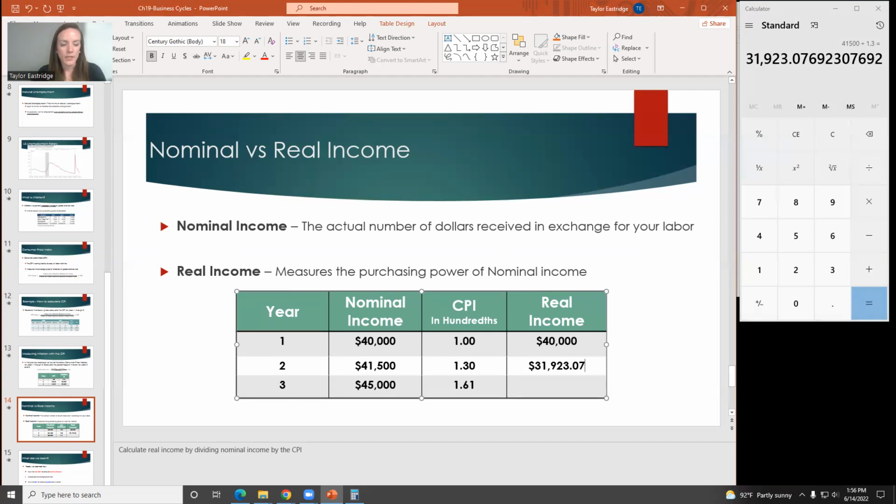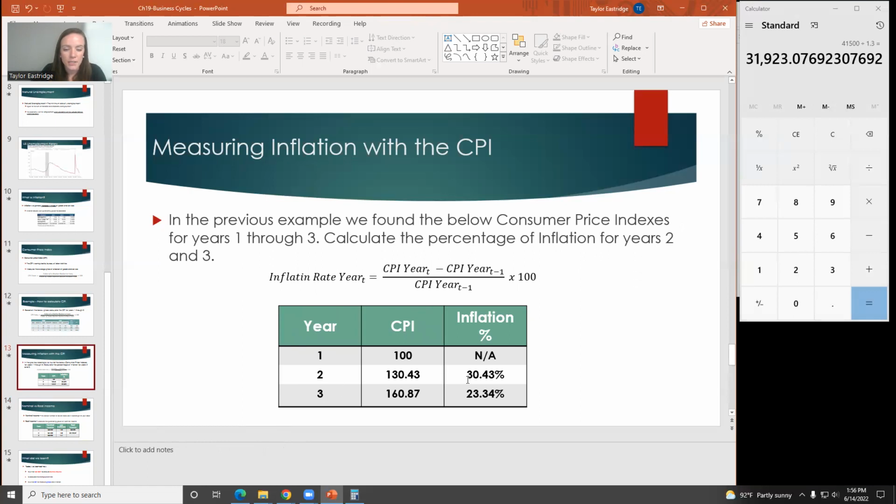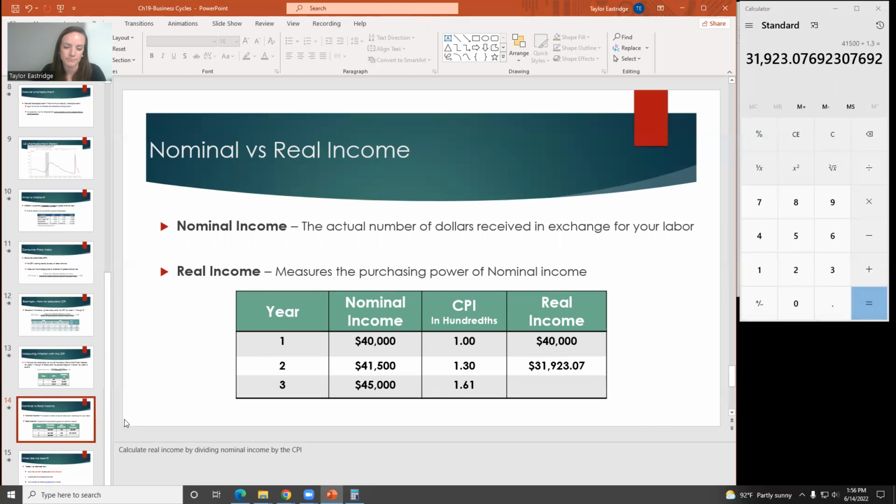Now, why is that? We saw that inflation, what was inflation on the last slide? Inflation in year 2 was 30.43%. I got a raise of $1,500. So 1,500 divided by 40,000, I got a 3.37% raise.